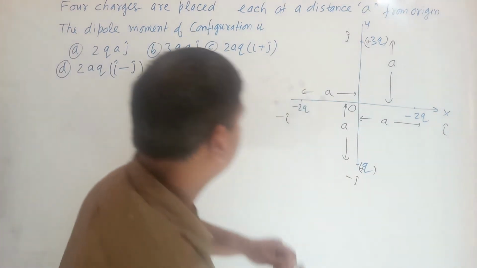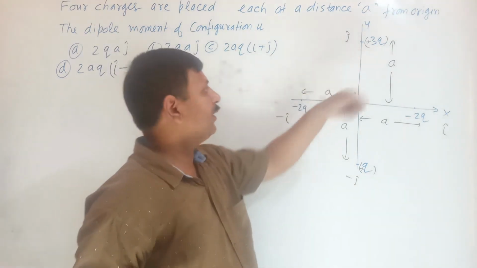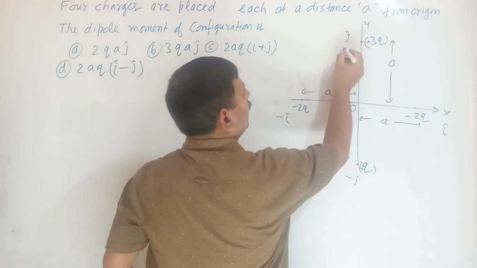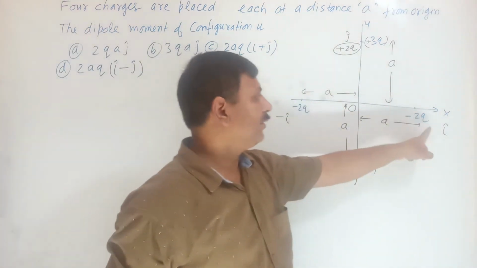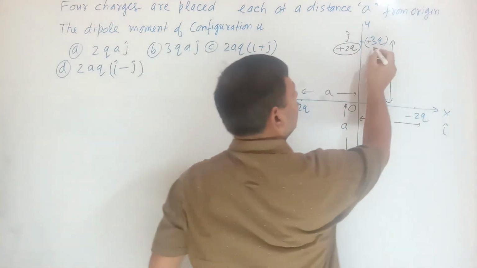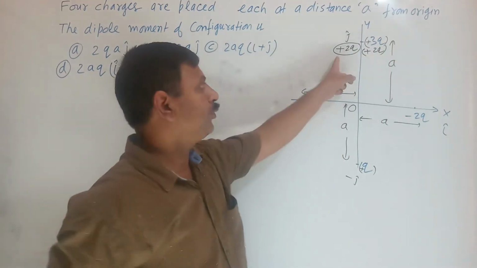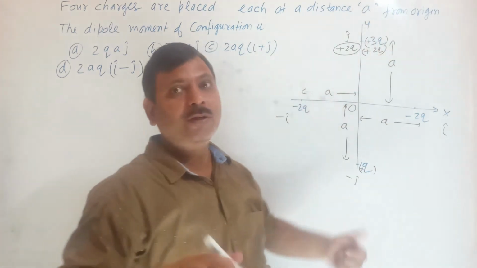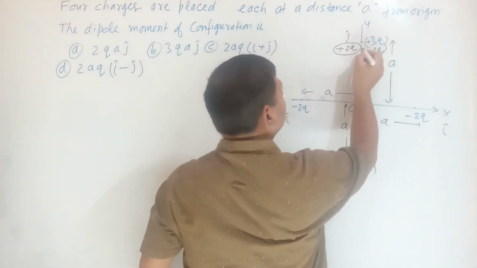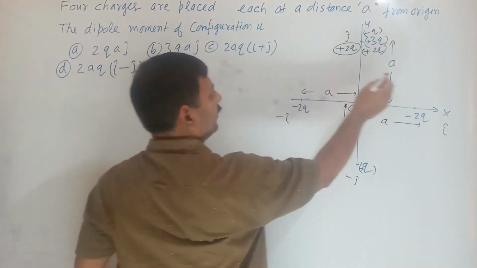See, this minus 2q, here plus 3q. So plus 3q I have converted into plus 2q. This plus 2q I have taken. This minus 2q I have taken another plus 2q here. And here only 3q. So imagine one charge is minus q here. So 3q I have given a combination.